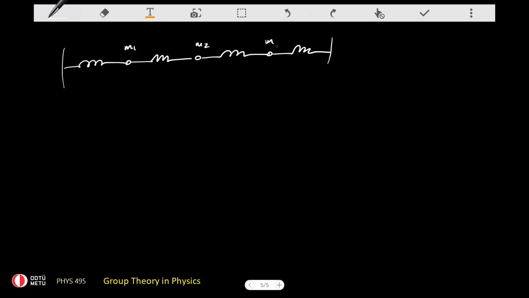This is M1, sorry about that. Spring constants are K2, K2, K1, K1. So I'm going to assume that this is already at its equilibrium length.